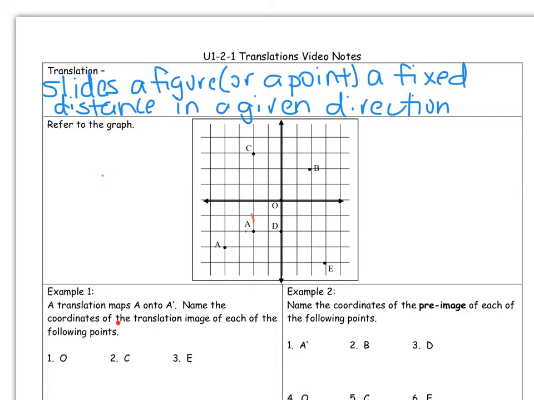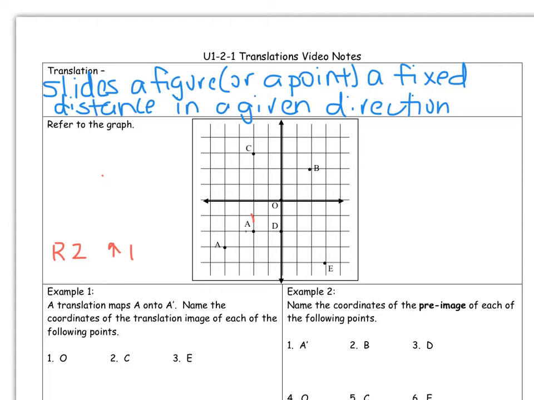So we're going to name the coordinates of the translation image of each of the following points. To go to A prime, we went to the right 2, and then we went up 1. I'll write that over here so I can refer back to it. So if we were to take point O and go to the right 2 and up 1, O prime would be at the coordinate 2, 1.